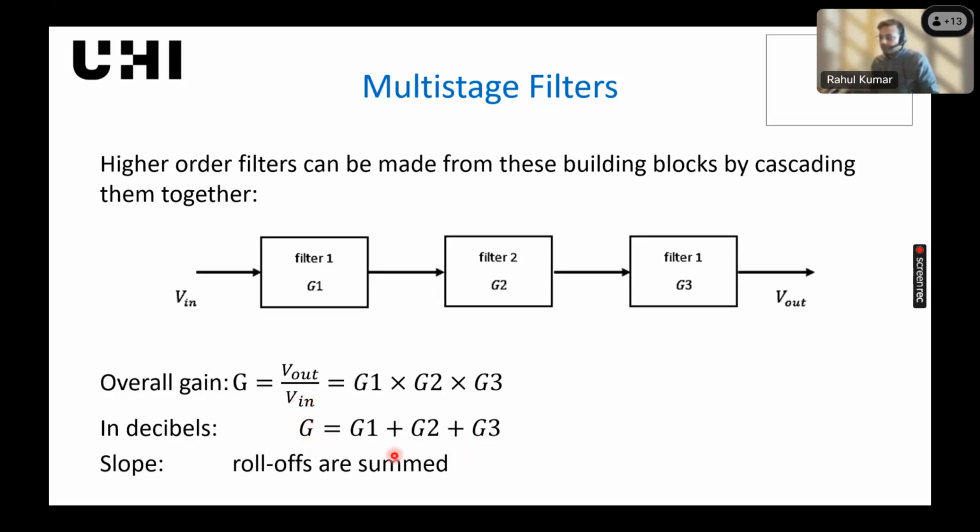So you have to be careful, right? If the gains are given in decibel, you have to add them. But if they are given as a number, maybe 6, then you have to multiply them: 6 multiplied by 6 multiplied by 6, whatever value you get. But if it is like 10 dB, then it will be 10 plus 10 plus 10.